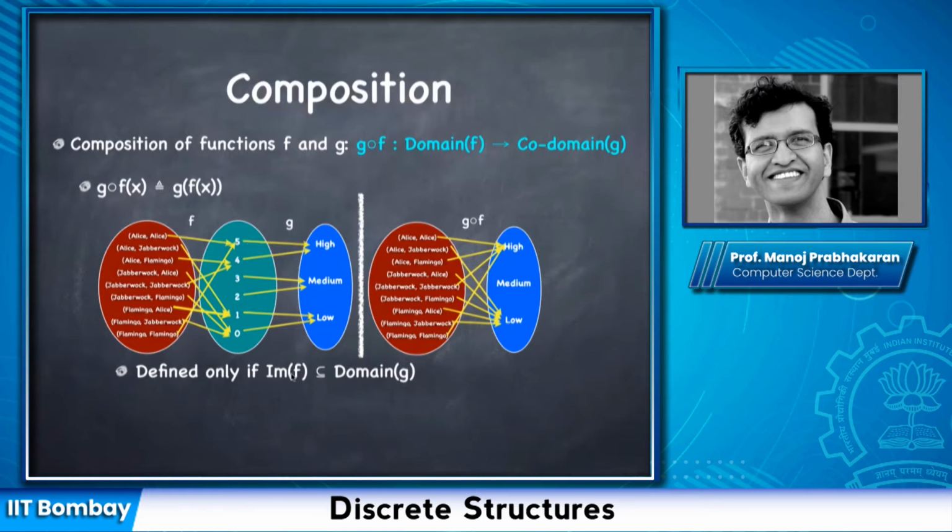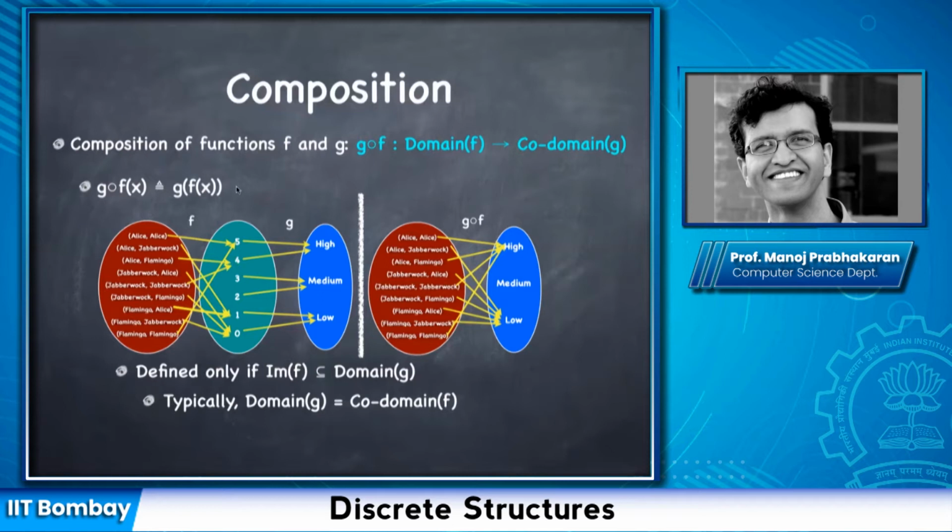Whenever you have a function g whose domain includes all of the image of f, you can define g of f of x. However, typically you would define g of f of x where g's domain is the entire codomain of f rather than just the image of f.